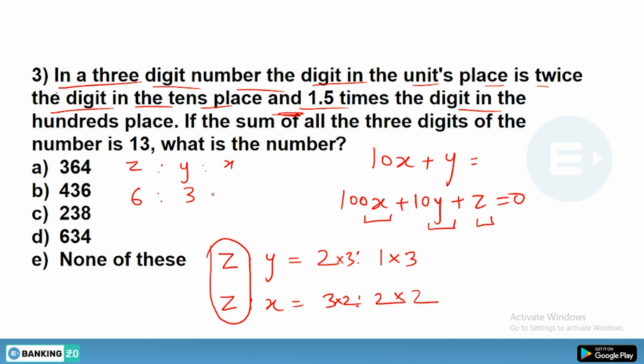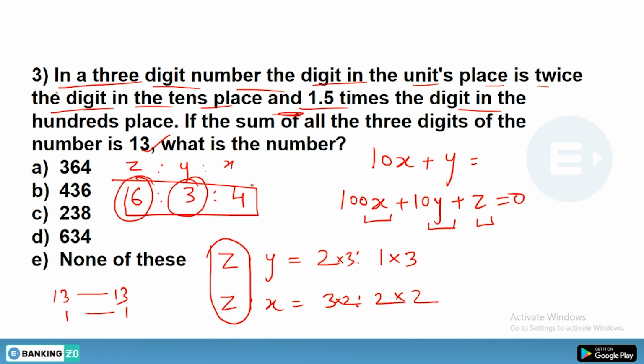Now as you can see, if we put the sum of all three digits, we will get 13. Hence 13 ratio equals 13, so 1 ratio equals 1. That means the units digit will be 6, the tens digit will be 3, and the hundreds digit will be 4.